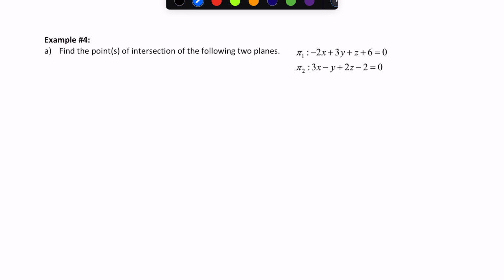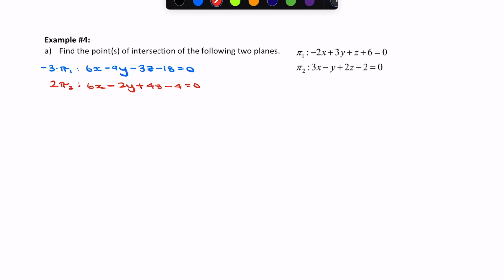For our first equation, we're going to multiply that by -3, and that will give us 6x minus 9y minus 3z minus 18 is equal to 0. Our second equation, we're going to multiply that by 2, and that will give us 6x minus 2y plus 4z minus 4 is equal to 0.